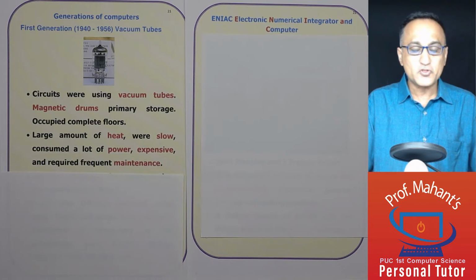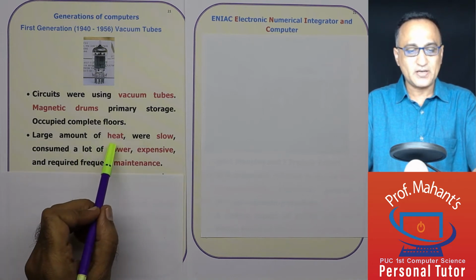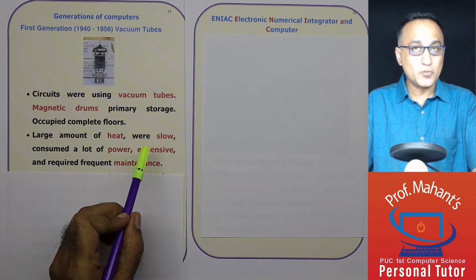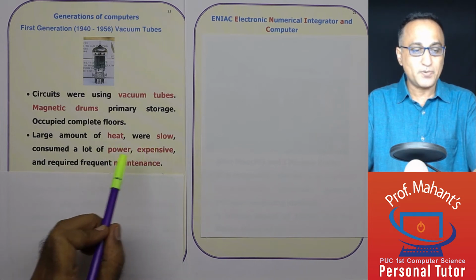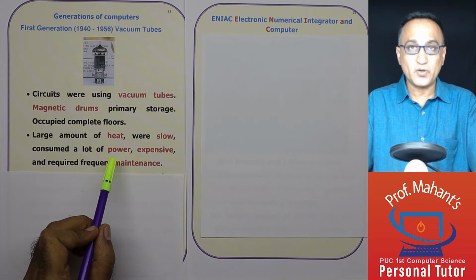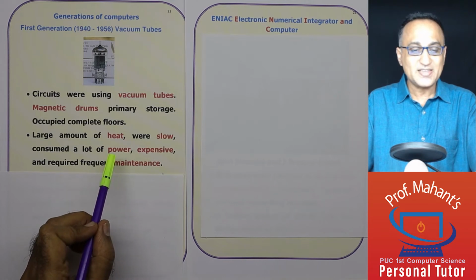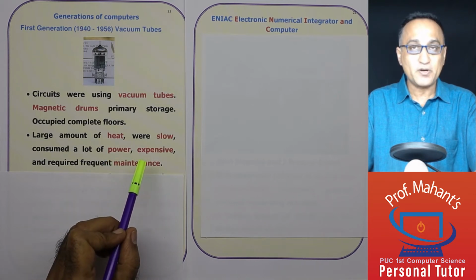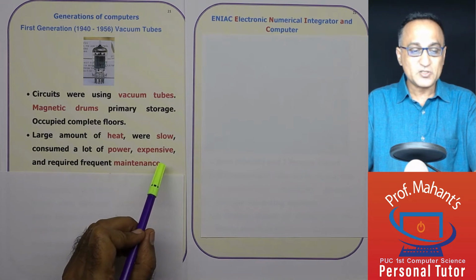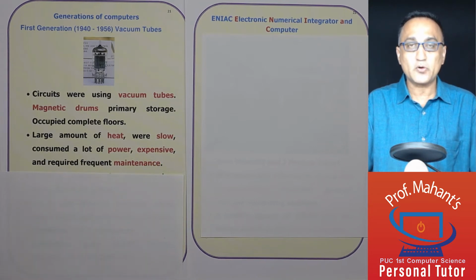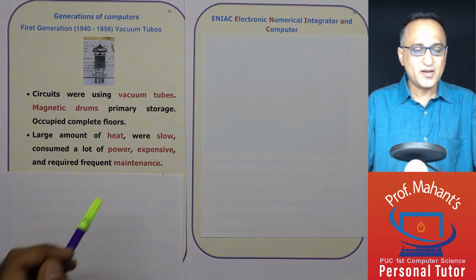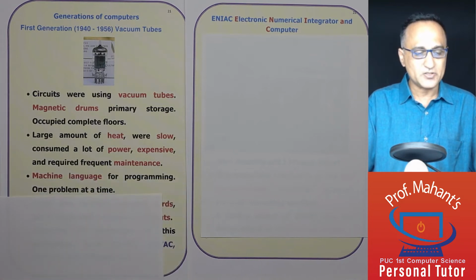Because of their huge size, they generated a lot of heat, were really slow because technology at that time was not developed, and consumed an enormous amount of power. As a consequence, they needed very costly equipment for cooling. They were very expensive, frequently broke down due to excessive heat generation, and required frequent maintenance.